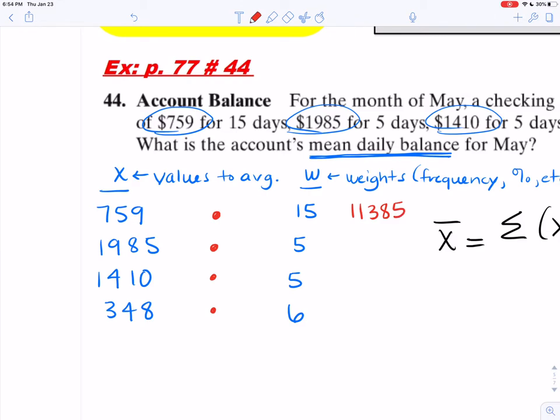Take 1985, multiply by its weight of 5. Same thing with 1410. And then lastly, 348 times its weight of 6. And once I have those, again, what I want to do is add those up.